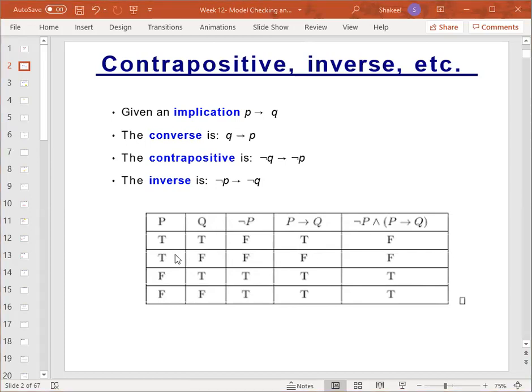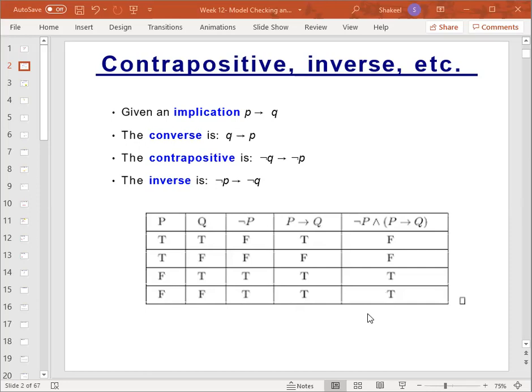So we have P implies Q, not P, and P implies Q. To prove with a truth table that these two expressions are logically equivalent, we are going to put the possible values for P and Q truth values: true true, true false, false true, and false false.